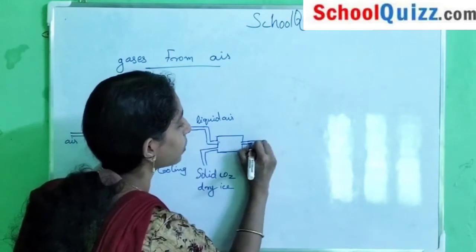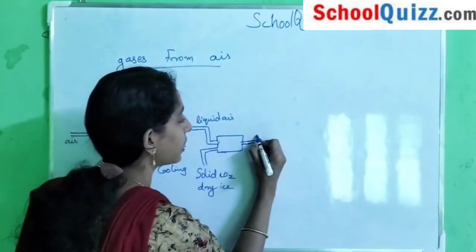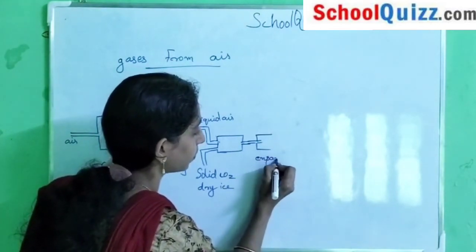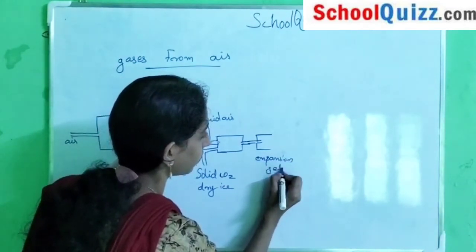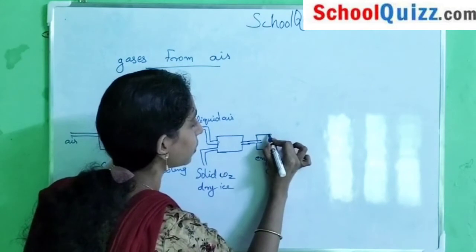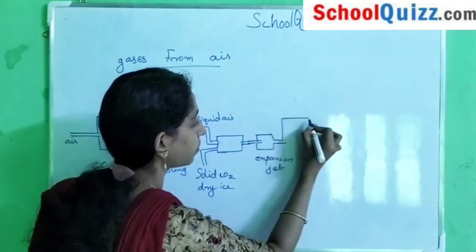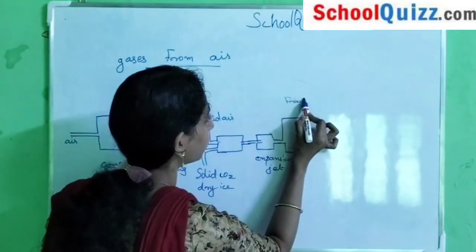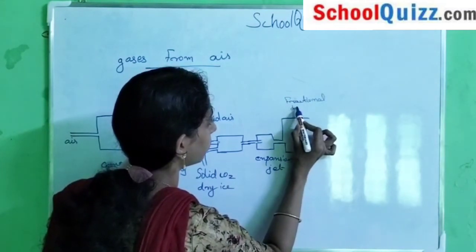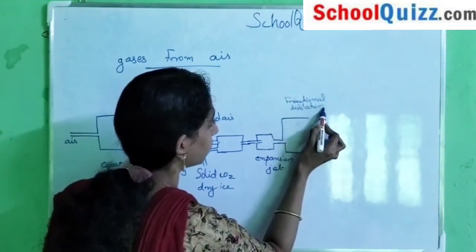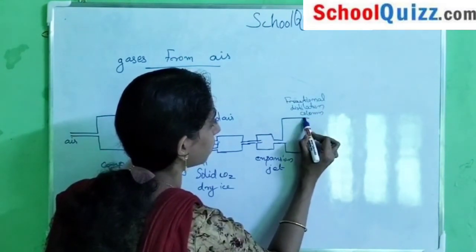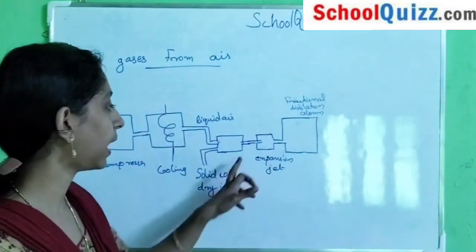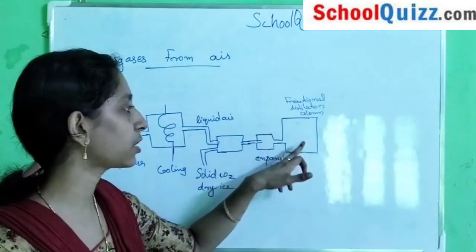Further, the liquid air passes through an expansion jet and then through the fractional distillation column. Through the expansion jet the liquid air passes into the fractionating column.